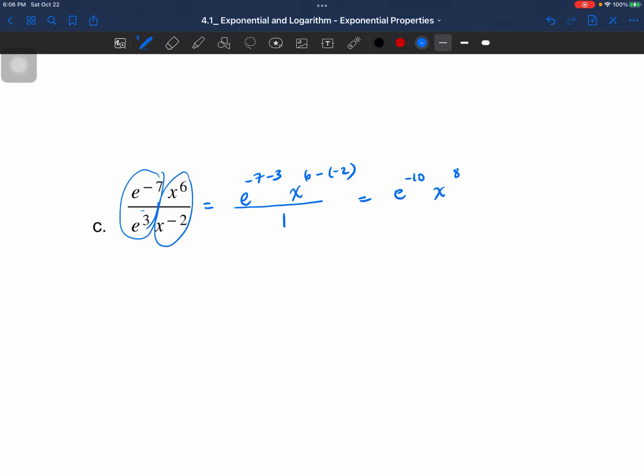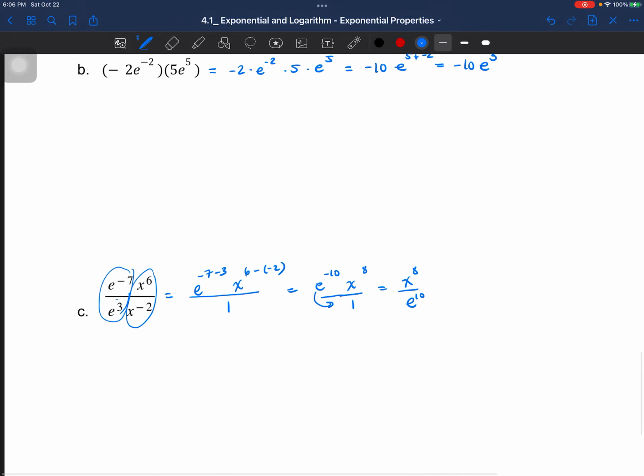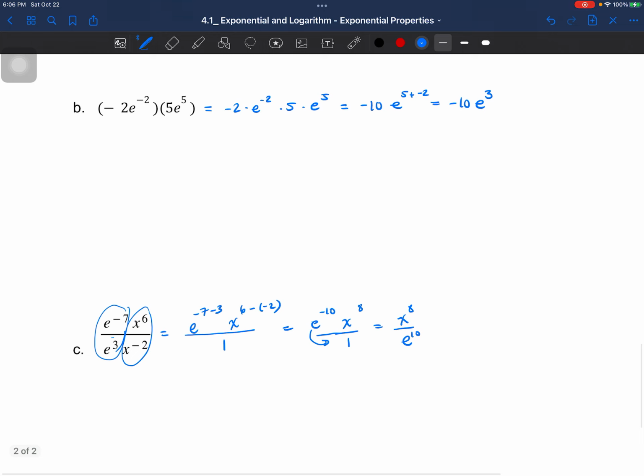And the first one we get e to the negative 10, and in the second one we get 6 minus negative 2, which turns into a plus. So 6 plus 2 is 8. And because this one has a negative power, this will go into the denominator. And there you go. So this was a very quick introduction.